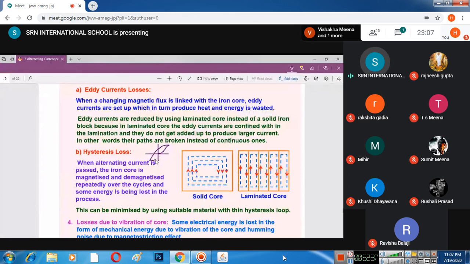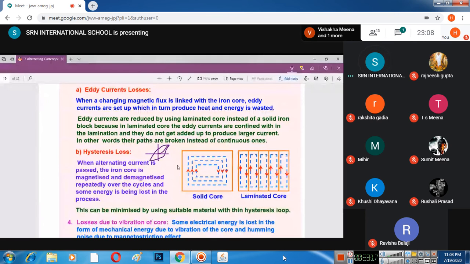This regular magnetization and demagnetization of the soft iron core reduces the property of the soft iron core and damages it internally. This kind of loss, associated with the magnetization and demagnetization of the soft iron, is known as hysteresis loss. To reduce such kind of losses, a suitable material having a thin hysteresis loop is desirable.